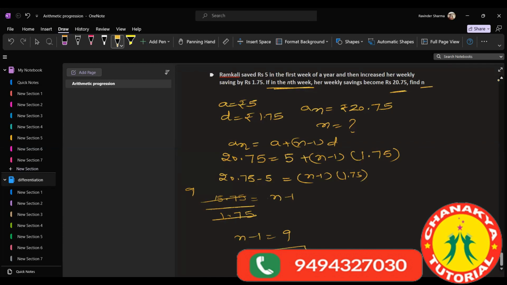And then she increased her weekly saving by this amount, so it will be D, because each week she will increase by the same amount. And in the nth week her weekly saving will be ₹20.75, so AN is equal to ₹20.75. Now apply the formula only. Is it clear, beta?